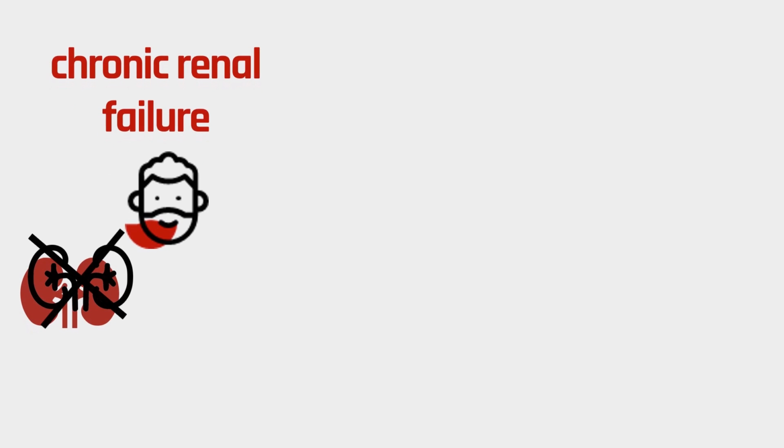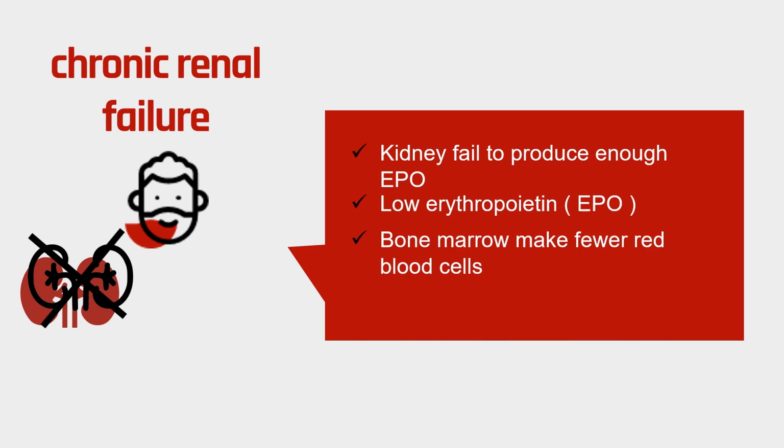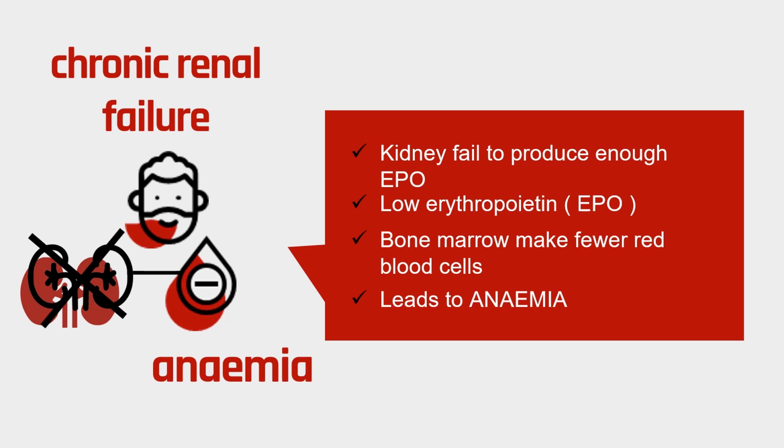Thus, when someone has chronic renal failure, their kidney is damaged and fails to produce enough EPO. There is low erythropoietin in their body and it causes the bone marrow to make fewer red blood cells. This leads to anemia.